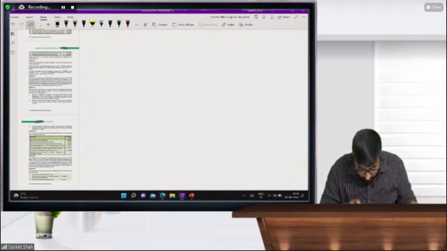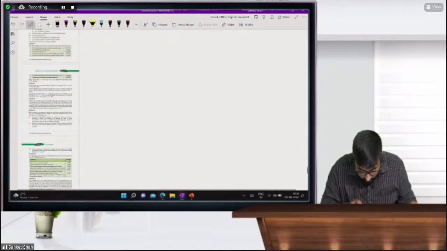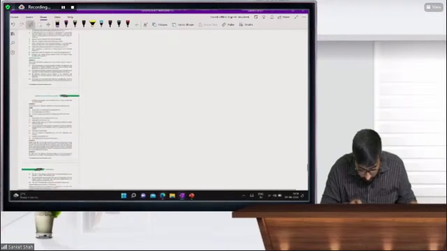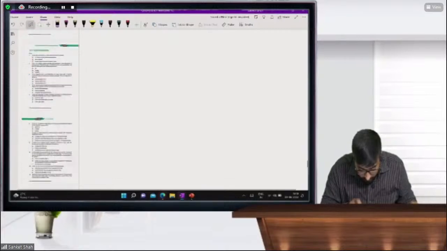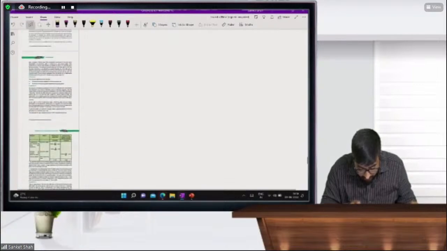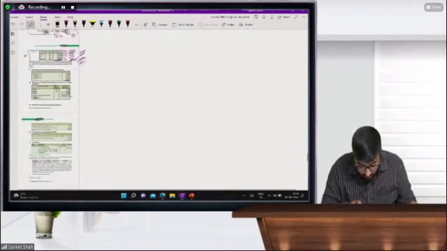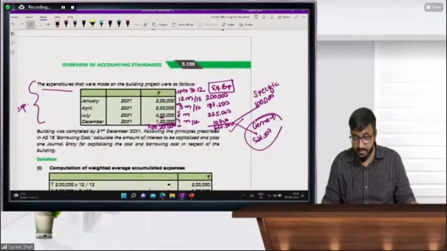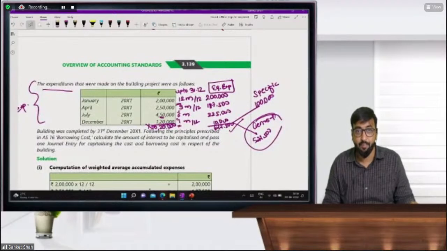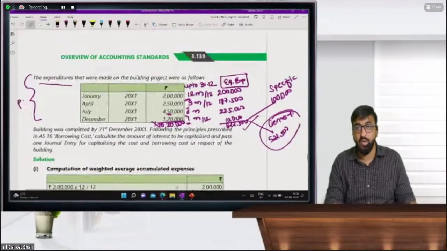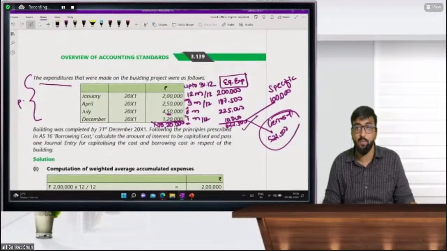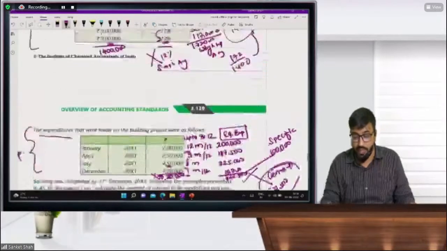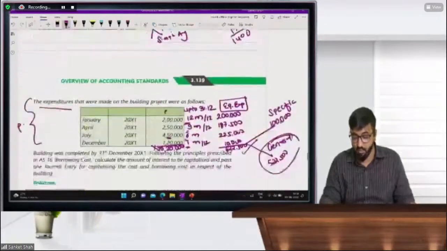So first calculate accumulated expenses, 6,22,500. How to calculate? 12 by 12, 9 by 12, 3 by 12, 6 by 12. Similarly, you will get the total accumulated expenses. Out of that, 1 lakh is specific borrowing. On 1 lakh, the interest rate of 10% is directly given, so 10,000 is directly there.